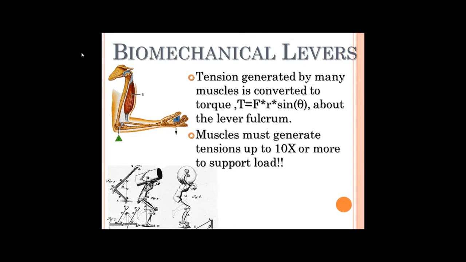However, this also limits the amount of force that's extended to the load. Because of this, many muscles such as the bicep have to generate tensions up to 10 times more than the load itself in order to support the load. So you can imagine, as you're lifting that 50-pound dumbbell, doing a bicep curl, your bicep actually has to generate 500 pounds of force in order to lift the load.